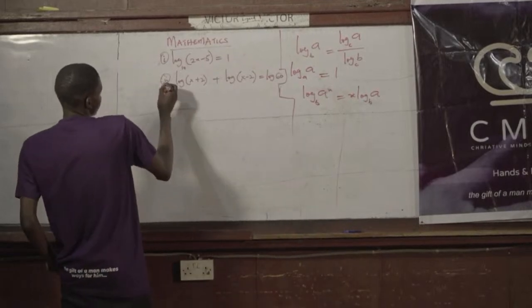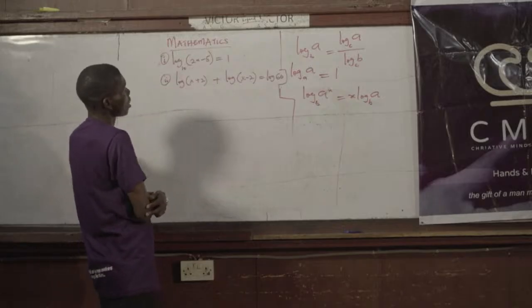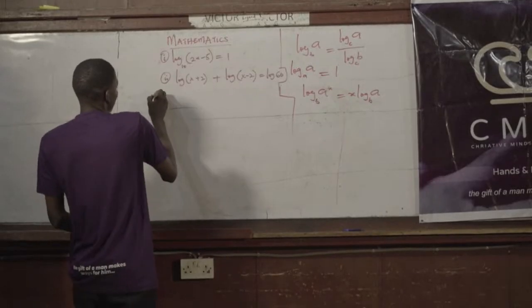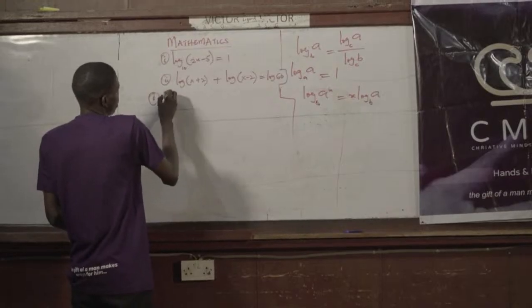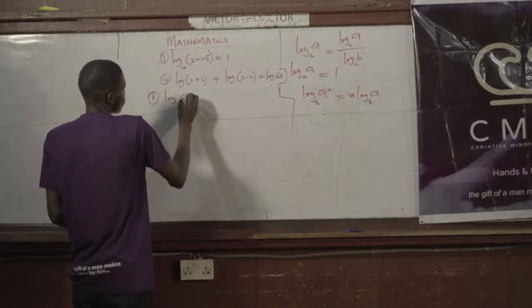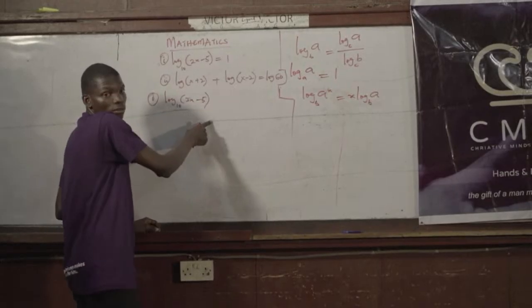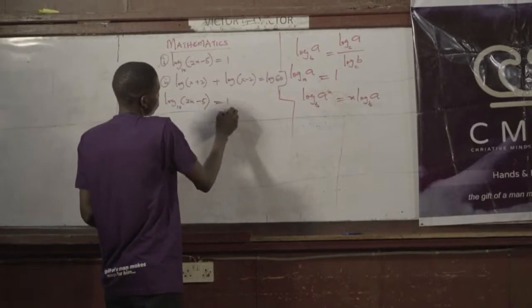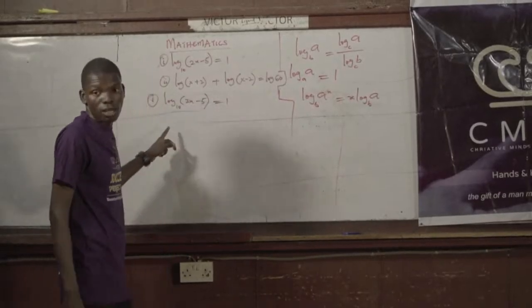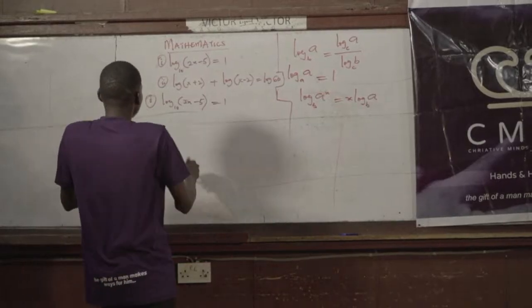The first one says log of 2x minus 5 base 10 is equal to 1. How can we do this? As I told us the other time, the best way is to convert the RHS, which is the right hand side, to have the same base as the LHS.